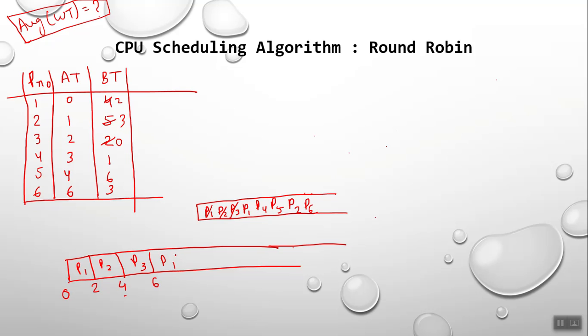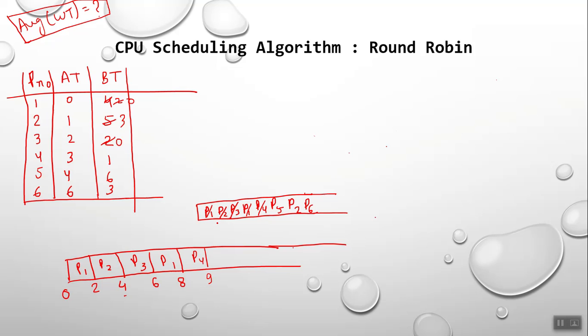P1 will execute for its remaining units of time this time, and it is also going to be complete here. So this is going to be 8 here, and P1 finishes. Now P4 will execute. P4 will execute only 1 unit of time, and it is also going to be complete here.